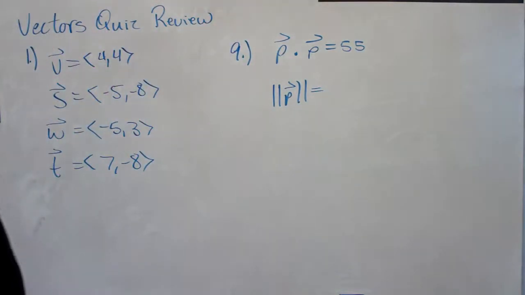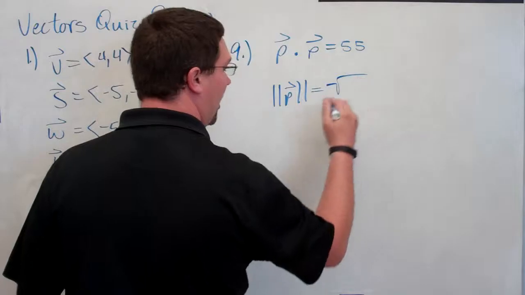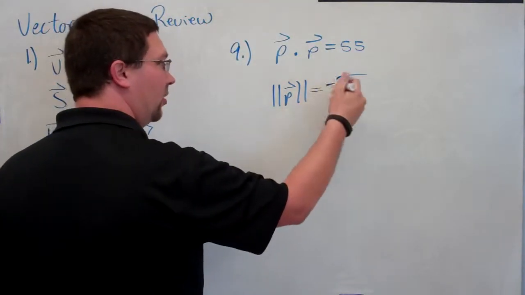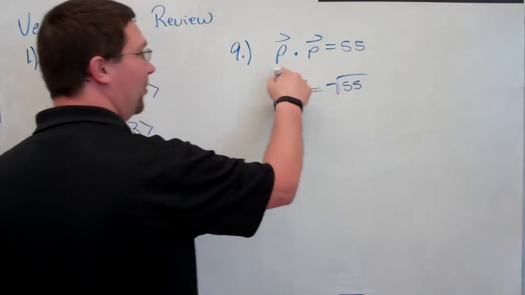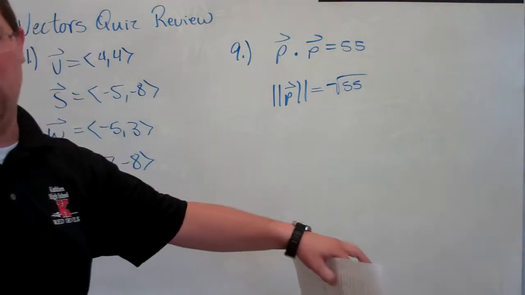We went over this and everybody asked me why. Here's why. We have the dot product of P with itself, it equals 55. What's the magnitude of that vector? Well, if you remember, the magnitude of the vector is the same thing as the square root of the dot product of the vector with itself. So, magnitude of P, square root of 55.